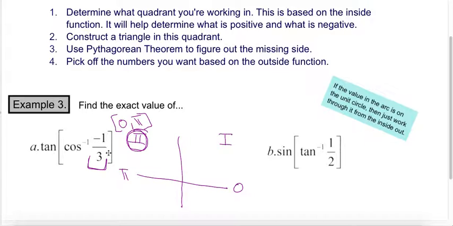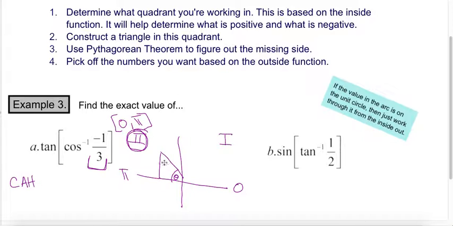Now what we're going to do is construct a triangle in that quadrant. So I'm going to do exactly what that says, and draw a triangle. Let's pretend it's a nice looking triangle in the second quadrant. Down here I have my angle measurement theta. Now in order to label the sides, I'm talking about cosine here, so think back to SOHCAHTOA. Cosine is the adjacent over hypotenuse.